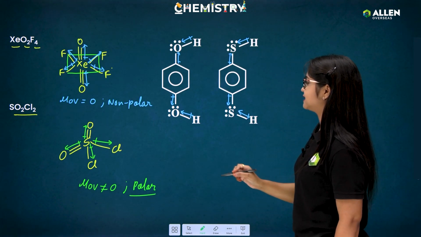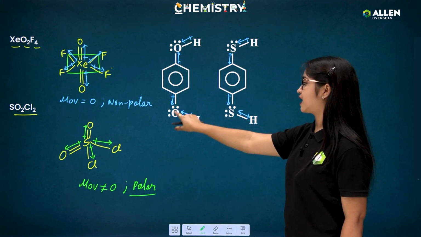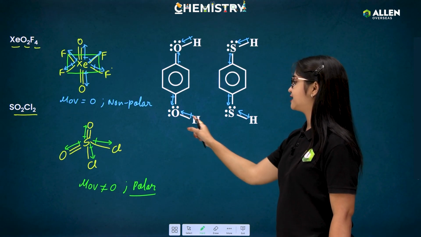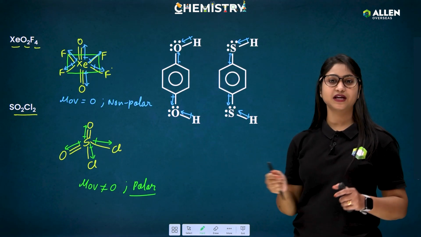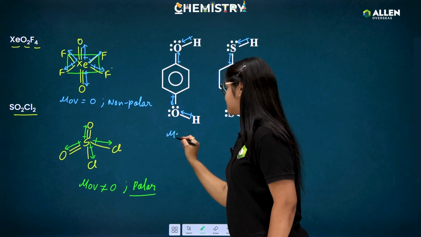Now you can see that these two vectors will cancel out each other. For the carbon-oxygen bond, they can cancel out each other, but the dipole moments of the OH bonds are not cancelling each other. That's why the mu overall is not equal to 0.